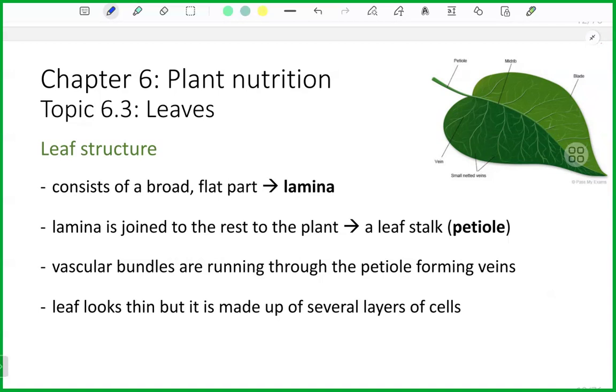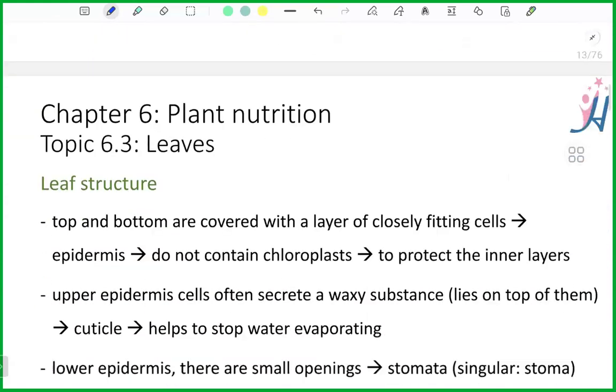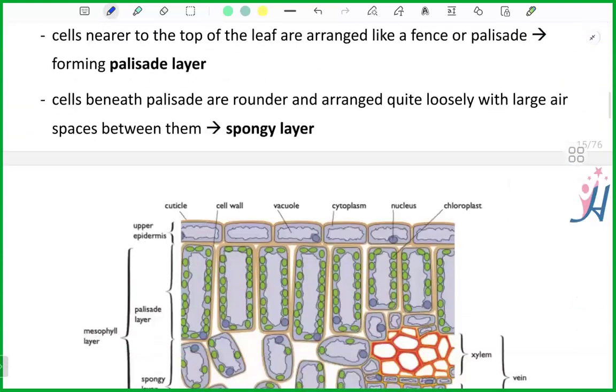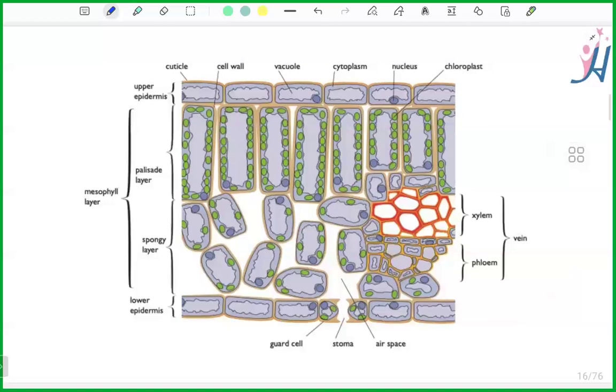As I mentioned already, a leaf may look thin, but hold on, it is made up of several layers of cells, and we can go straight to the leaf structure. What I like to say to my students regarding the structure of a leaf is that it is a sandwich model, right? We have tried sandwiches in our life, I guess most of you.